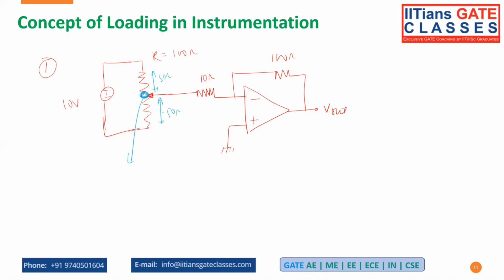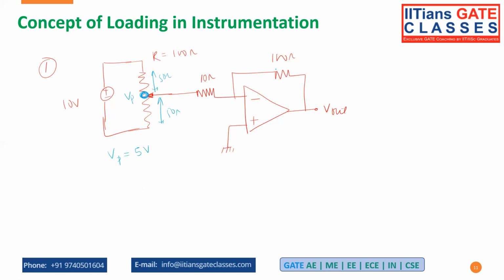Let's call it VP. Applying voltage division, VP is 10 into 50 upon 50 plus 50, which is 5 volts. So you got VP as 5 volts.